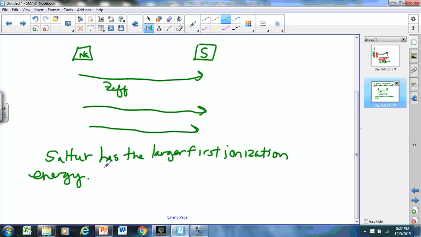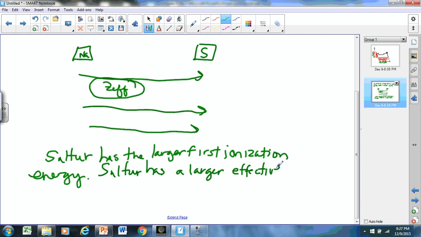All right, now, why? Well, what are you supposed to cite if you're in the same row? Zeff. So then you would say sulfur has a larger effective nuclear charge. You have to hit that first.